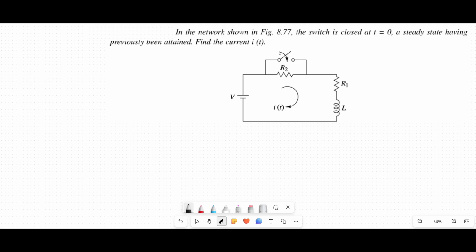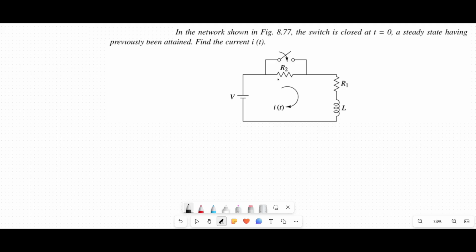Initially the switch is open, so the current flows through all three components R1, R2 and L. Whenever the switch is closed, the current will flow through only R1 and L, and R2 will be eliminated because the current will flow through the short circuit path. The steady state will already be attained, as mentioned in the question itself, right?